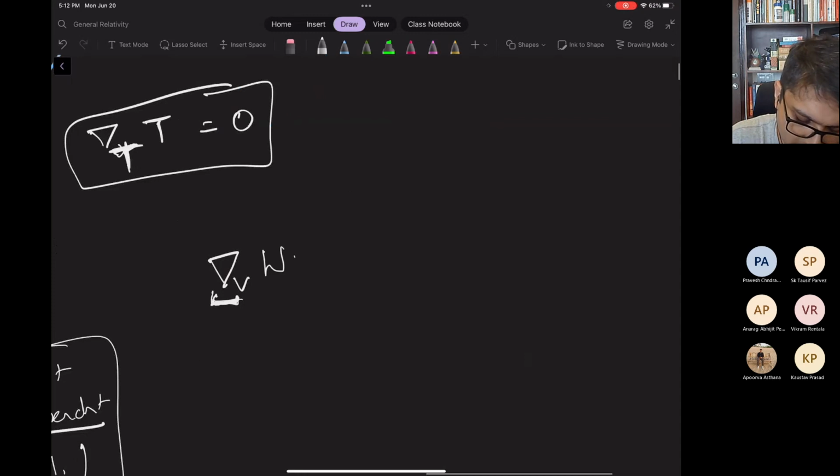So let's look at this. Okay, so what we're saying is let's take the point X. And what we are going to do is take the point at X plus delta X along the V direction.